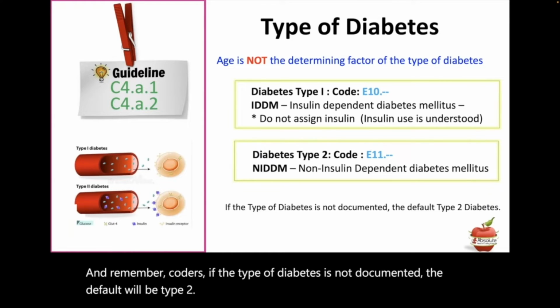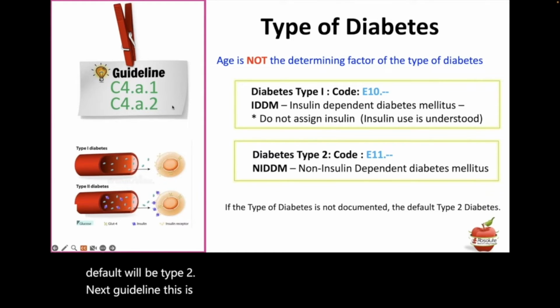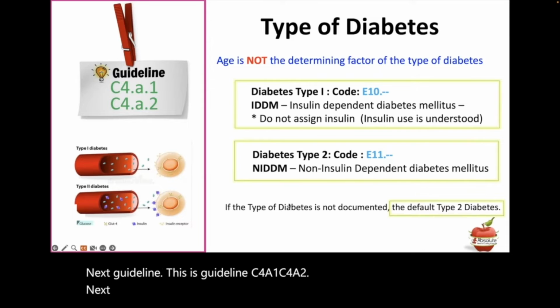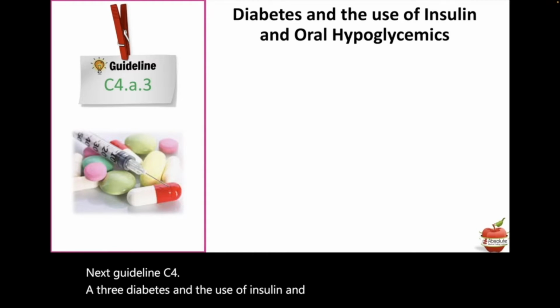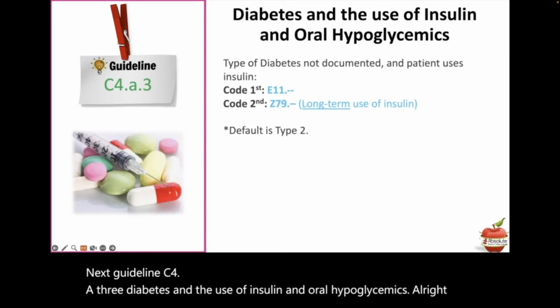Next guideline. Oh, and this is guideline C4A1, C4A2. Next guideline, C4A3. Diabetes and the use of insulin and oral hypoglycemics. All right, so here's the guideline.